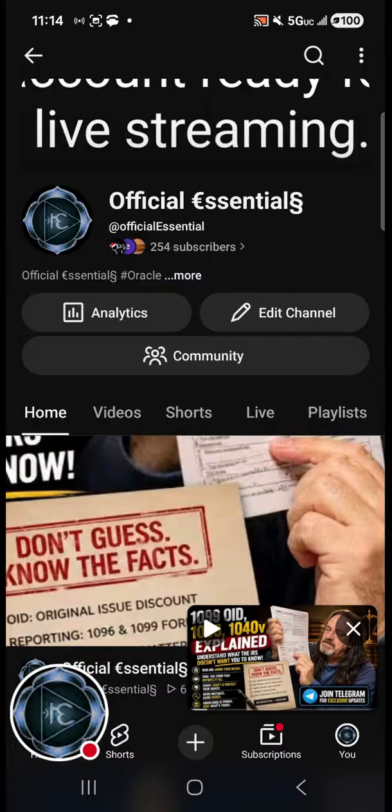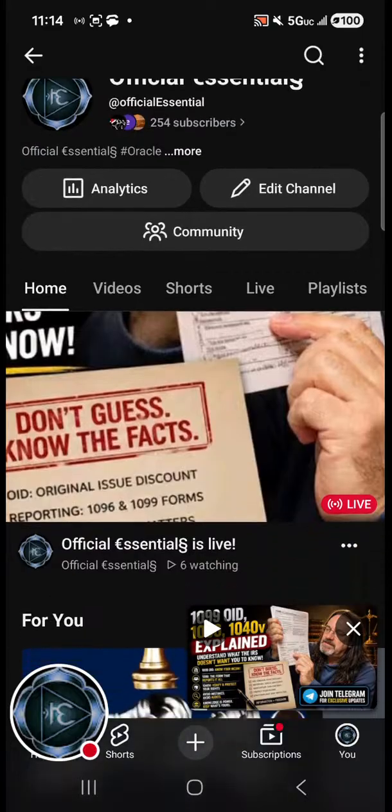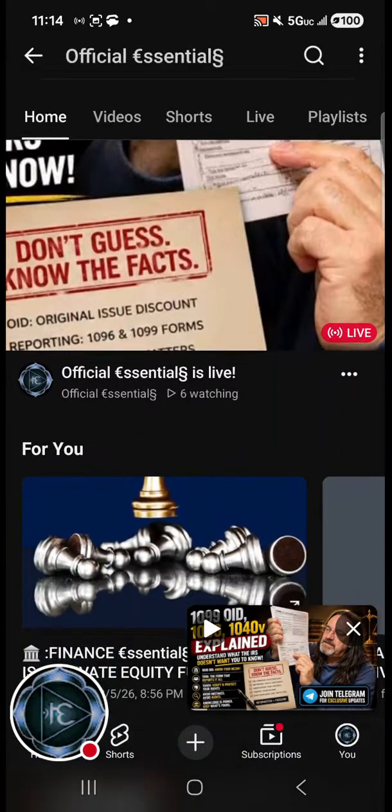Now, when it comes down to these 1099 forms or any forms, what people consider as IRS tax documents, this is not a tax document, even though it's issued by the Internal Revenue. All forms are not tax documents. Some forms are purposed for information, to relay or communicate information.